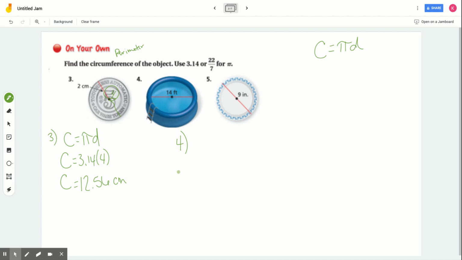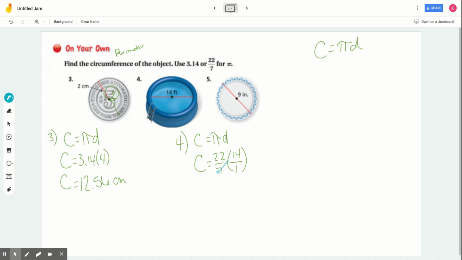Now, looking at number 4, again, circumference equals pi times diameter, and the diameter all the way across the swimming pool is 14. Since we know that 14 is a multiple of 7, we're going to use the fraction estimate for pi, 22/7. Remember that whole numbers always go over a 1.